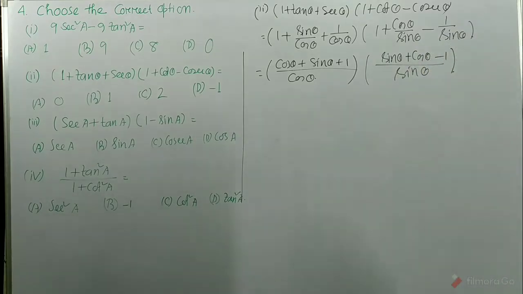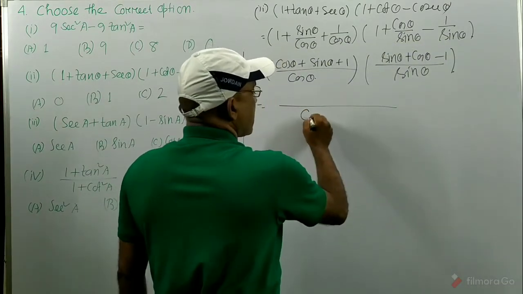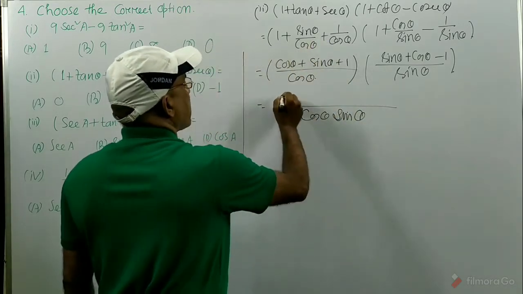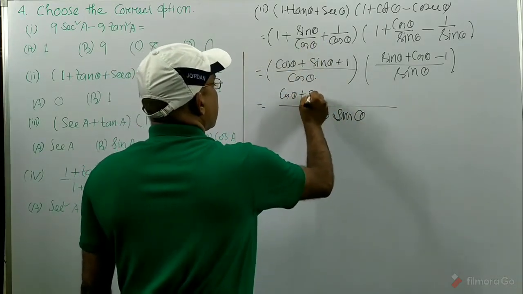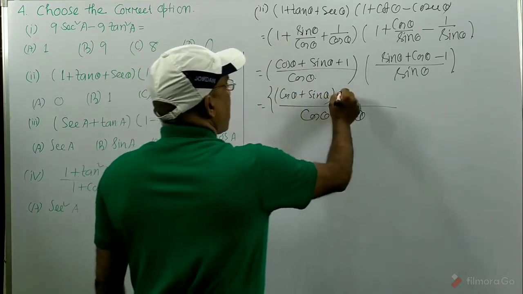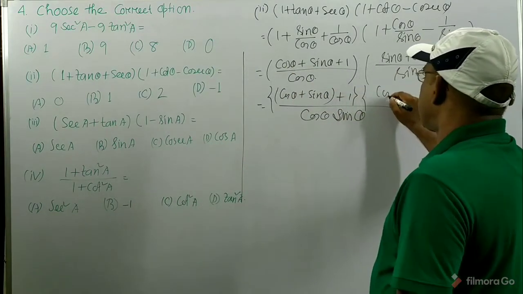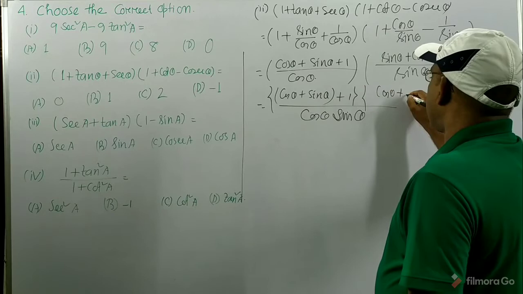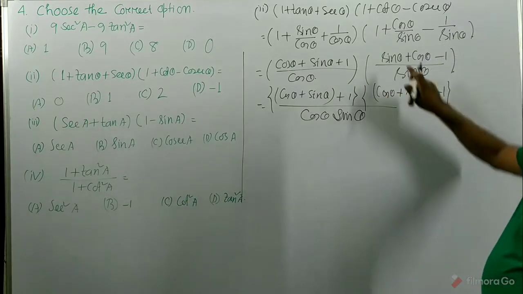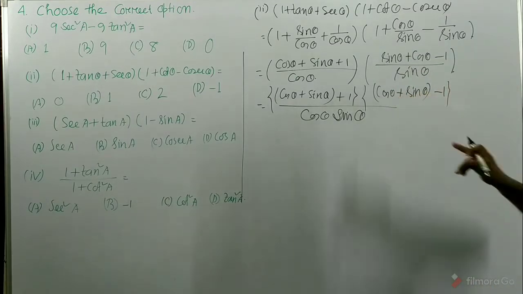We get denominator cos theta into sin theta, and numerator (cos theta plus sin theta) plus 1, into (cos theta plus sin theta) minus 1. We write these two within brackets.